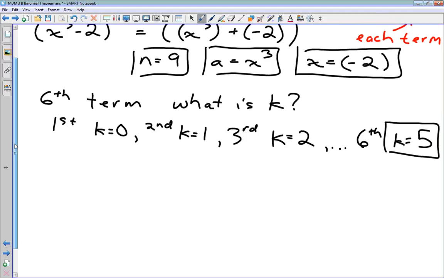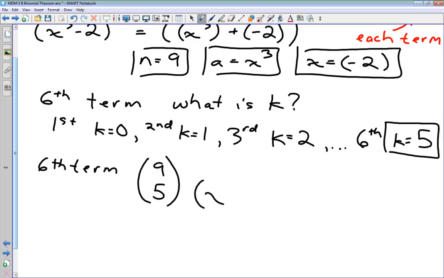So our sixth term is going to be 9 choose 5. I said 5, but I wrote a 6 there, right? Because our k value is 5, our n value is 9. A, which is x cubed, to the power of n minus k.